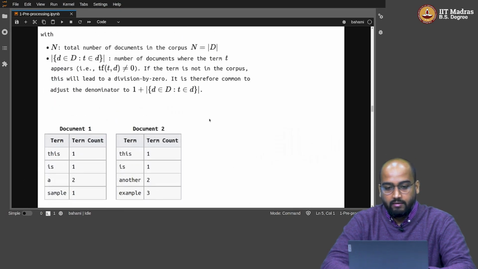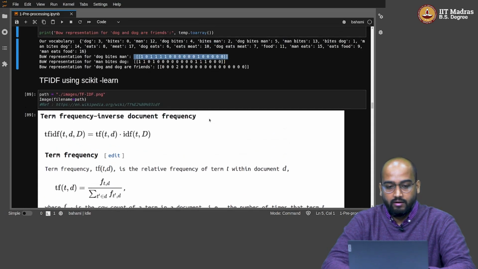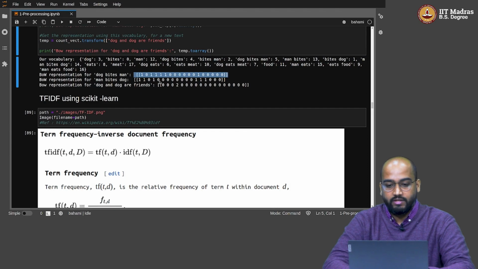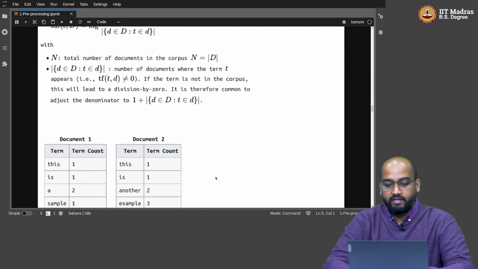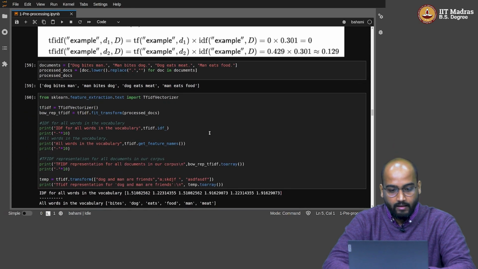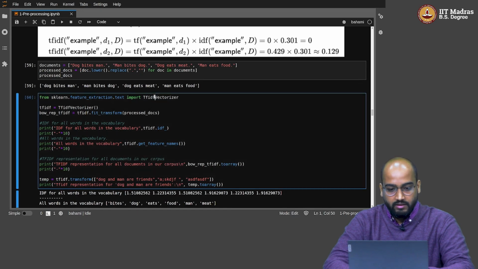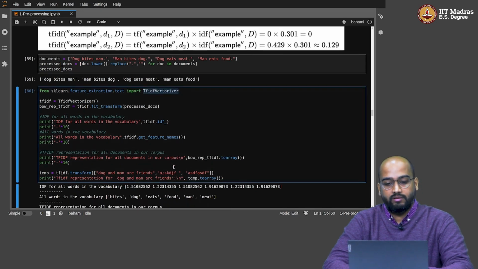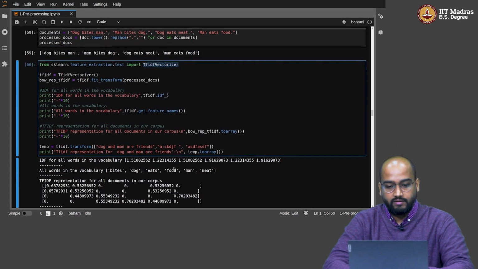So while in one-hot encoding and in bag of words representation, you were looking at either binary values, 1, 0, or the counts, in TF-IDF you end up with these floats, where it could be 0, it could take multiple values across the range. And this could again be very simply implemented using the TF-IDF vectorizer.